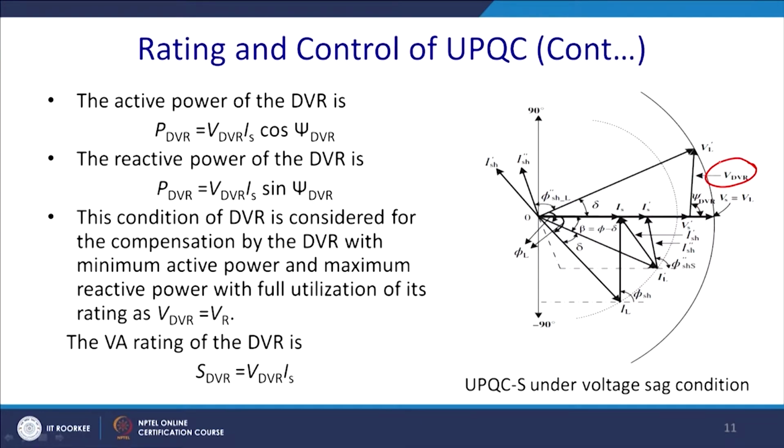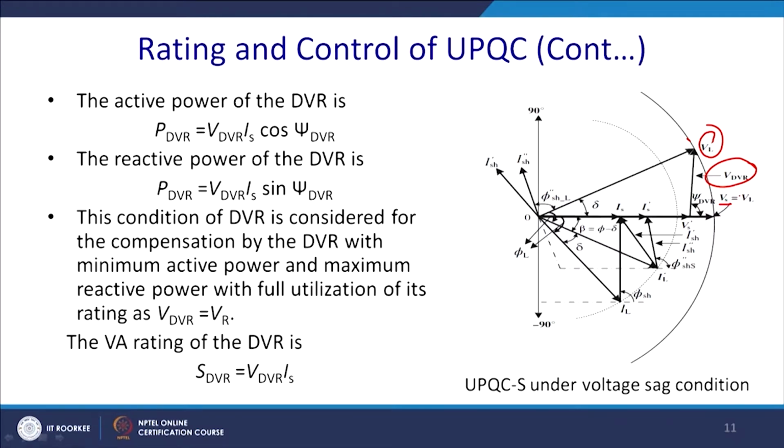We assume that the magnitudes of Vs and VL are almost the same, lying on the same arc. So, you inject this value of the DVR voltage with an angle of psi_DVR. So, the new VL becomes this, and thus the actual voltage Vs becomes equal to VL.